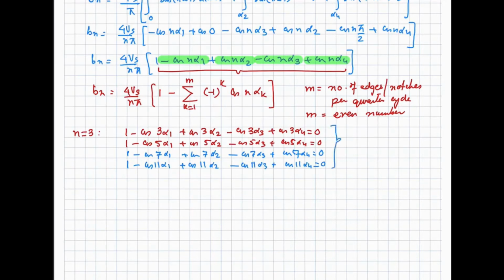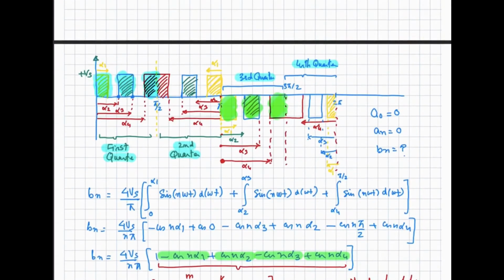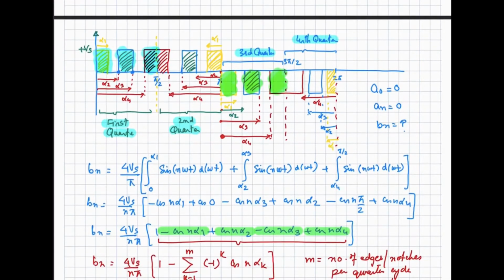So by using the iterative technique, if we solve this and calculate the values of alpha 1, alpha 2, alpha 3 and alpha 4, and we generate gate pulses for our inverter in such a way that we get this waveform at the output, because now we have calculated the angles alpha 1, alpha 2, alpha 3 and alpha 4, and for one quarter cycle we have completed the calculations.